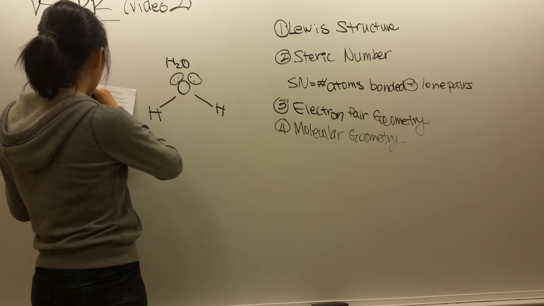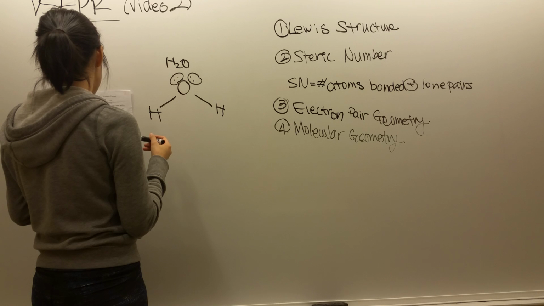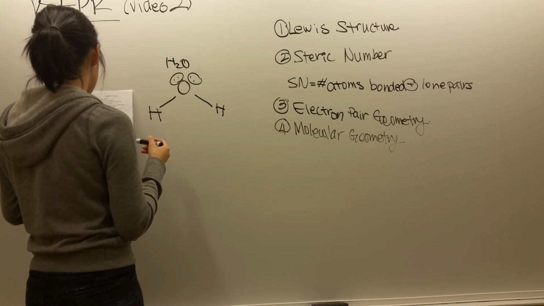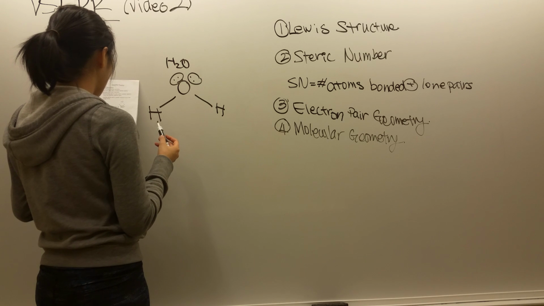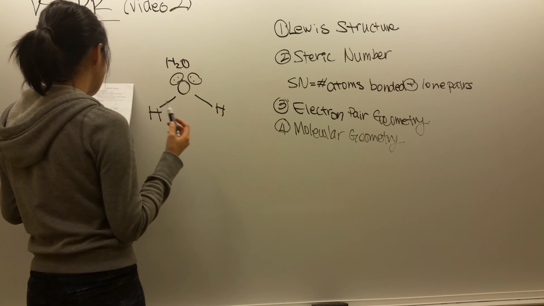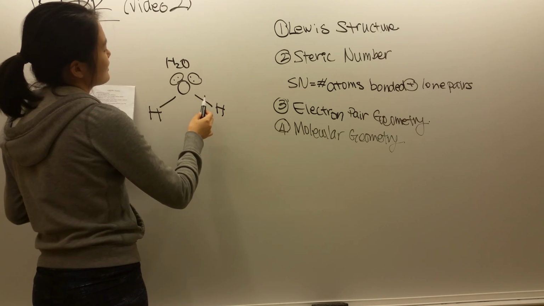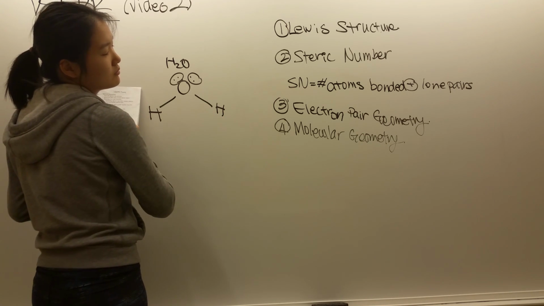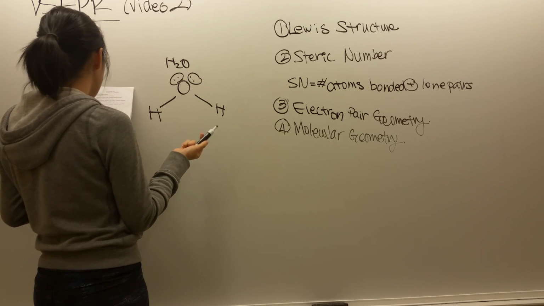And so for 4, you would have tetrahedral. But this is different because it's like a linear molecule except bent, kind of. Don't really know how to describe it.